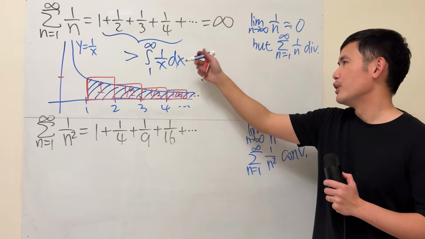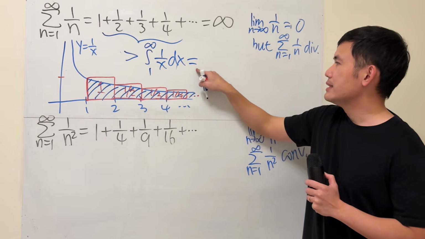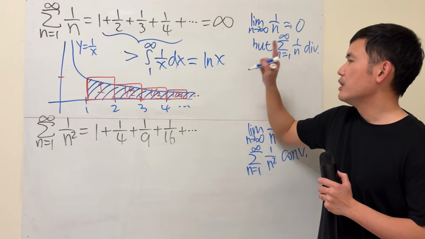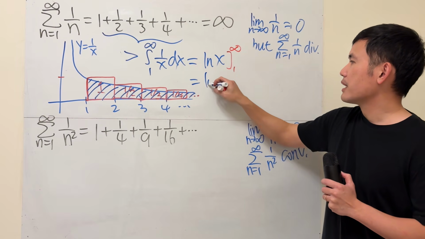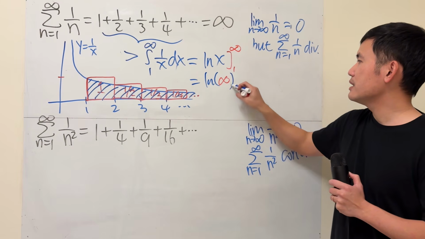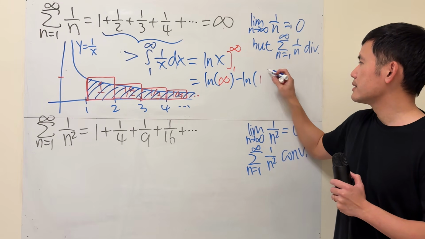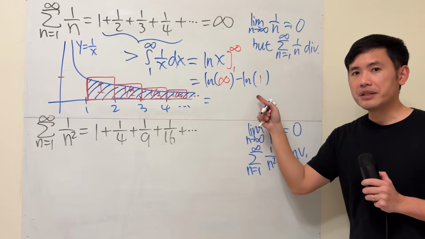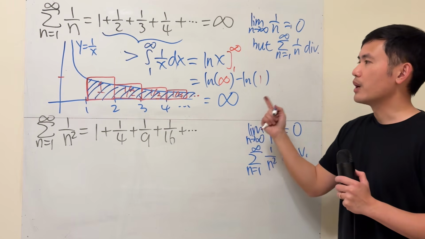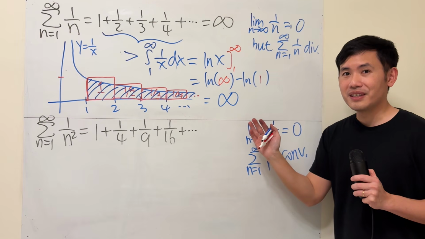Can we integrate this? Sure thing. This integral is equal to ln x. You don't need absolute value because everything is positive. Plug in infinity, plug in 1, and you subtract. Ln of infinity is infinity. Ln 1 is 0. So we conclude that the result is infinity.